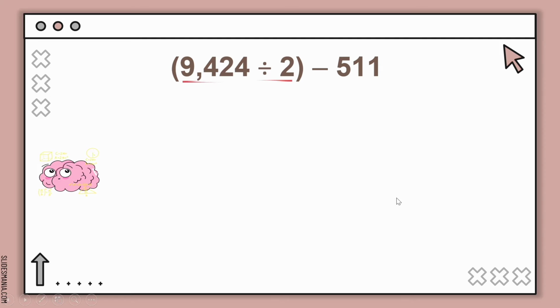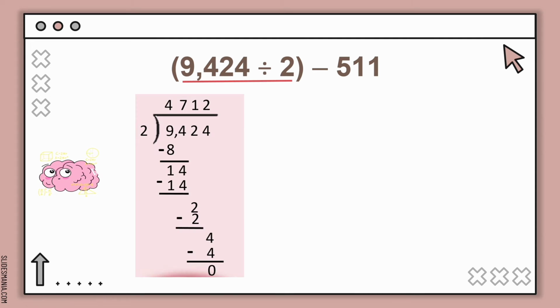Alright, after we divide, the next is to subtract. Whatever your answer here, you have to subtract it from 511.